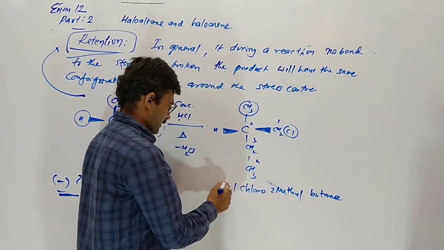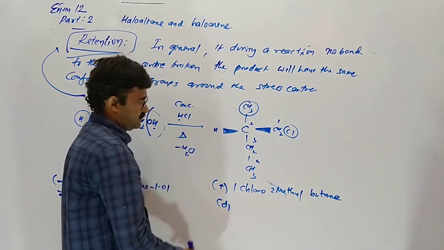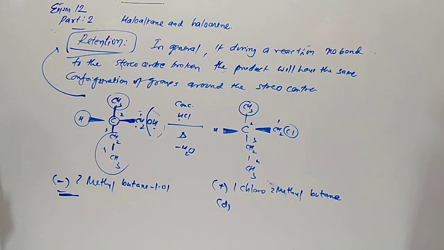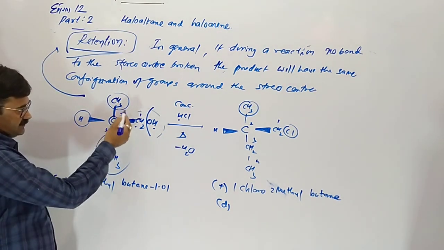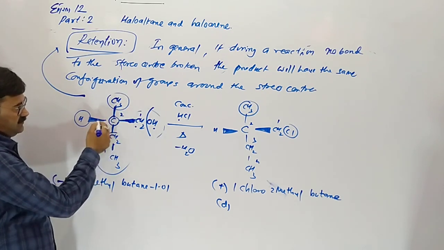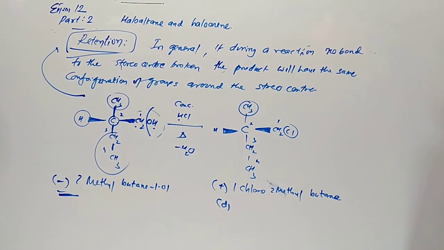But this one is now dextro. Why are we discussing it? Here you can see that of all 4 valencies, no bond is broken at the stereo center.